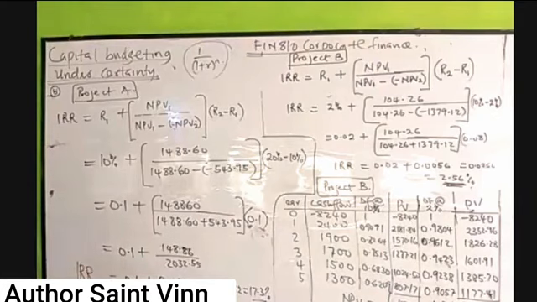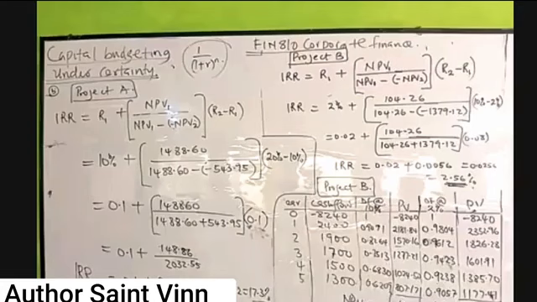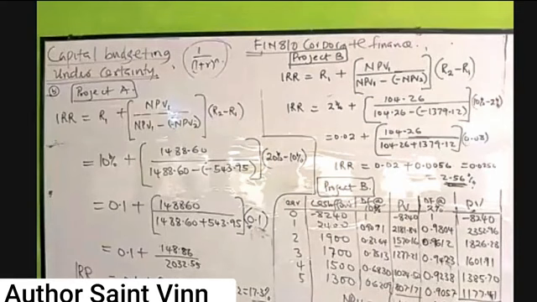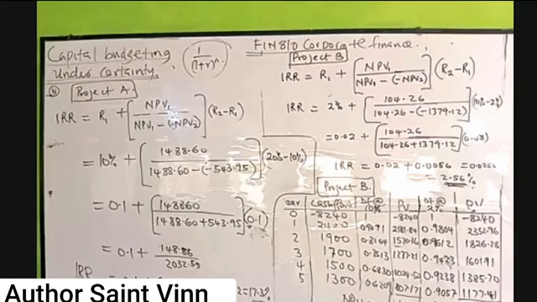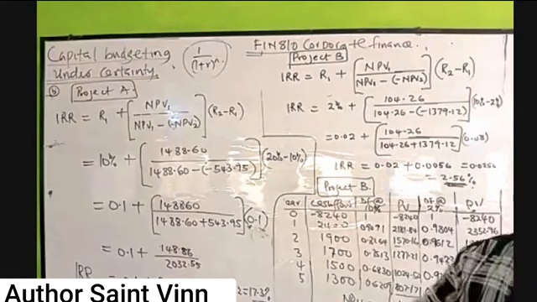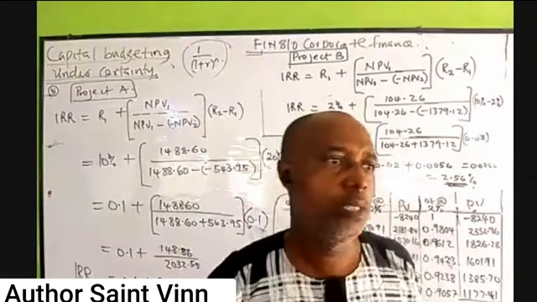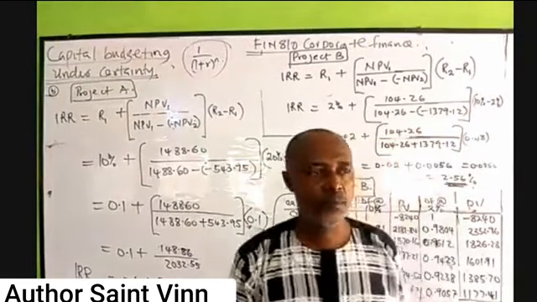Please, sir, can you go over that decision again? Yes, we'll take that. The decision is to accept project A because it has the highest what? Return when compared to project what? B. Is it clear?